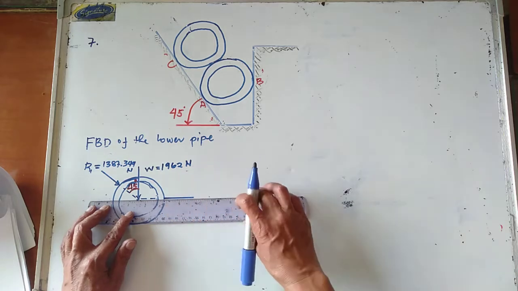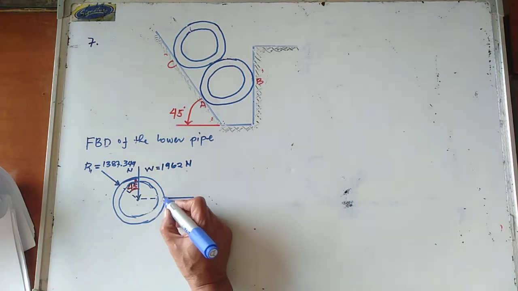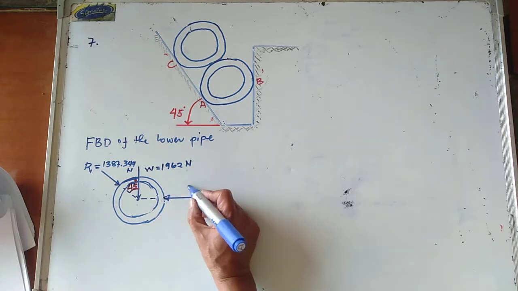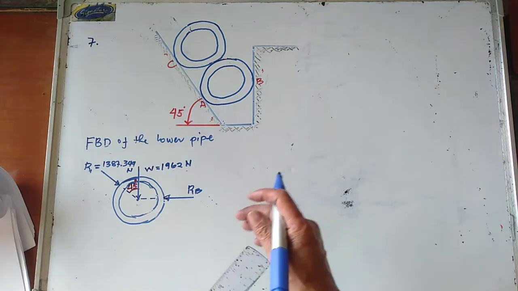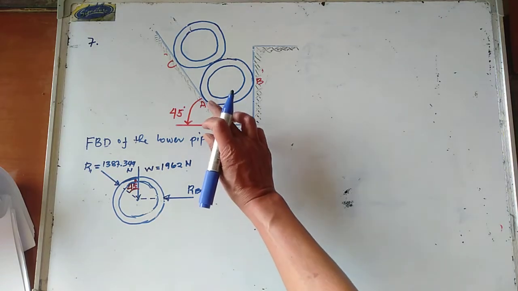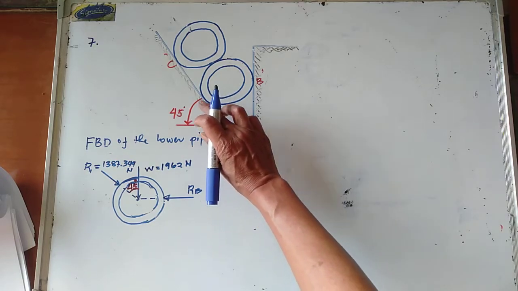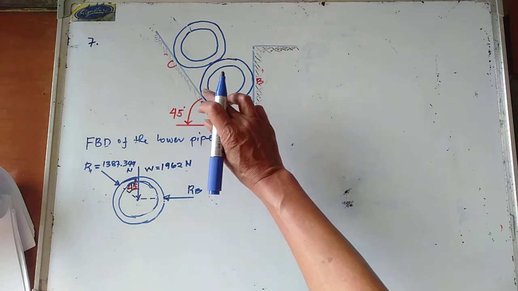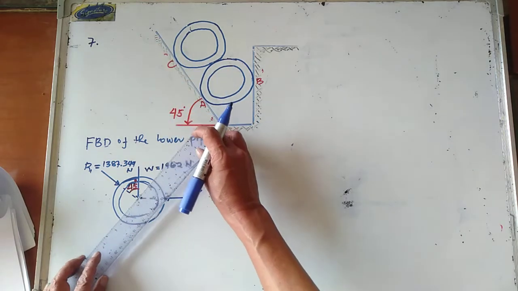This is therefore your RB. And we now have the reaction at contact point A. So again, it is normal or perpendicular to the smooth surface.